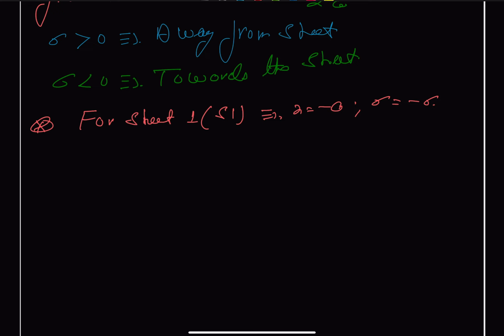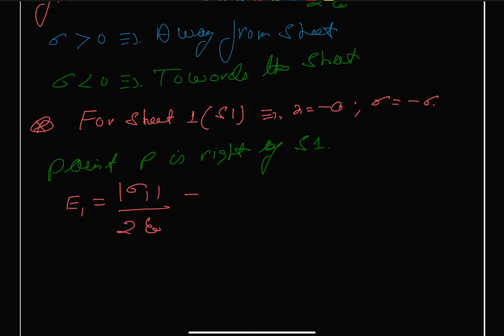So point P is right of S1. So our E1 we get with sigma 1 divided by 2 epsilon naught, which gives us sigma upon 2 epsilon naught, and direction will be left.